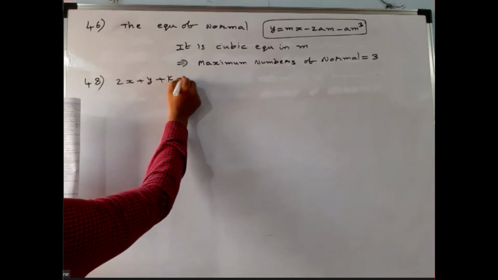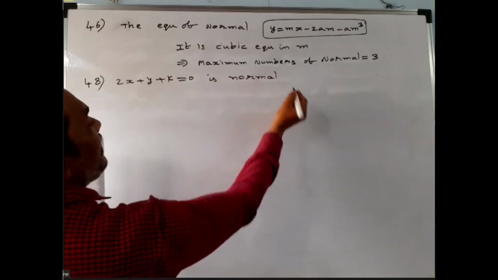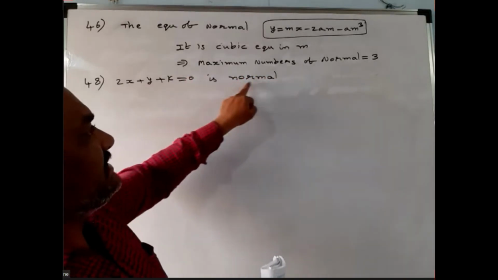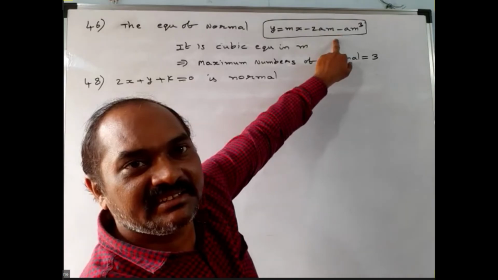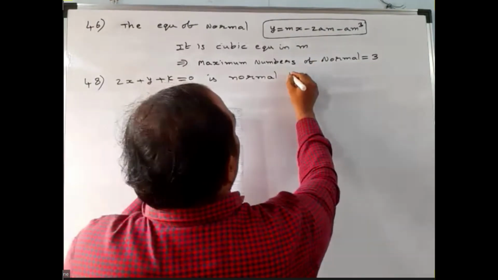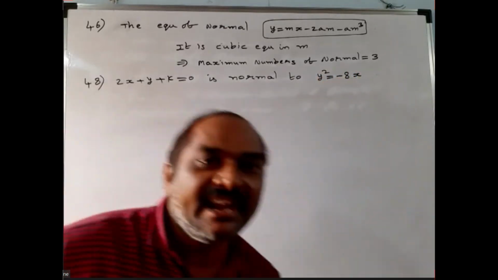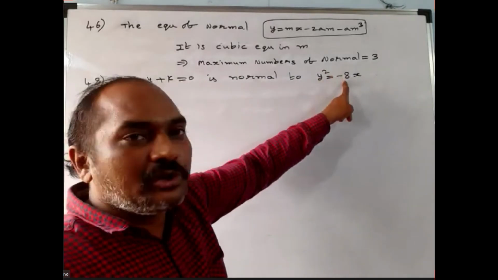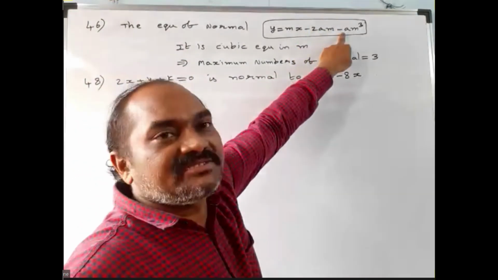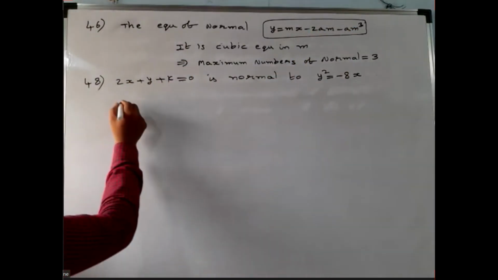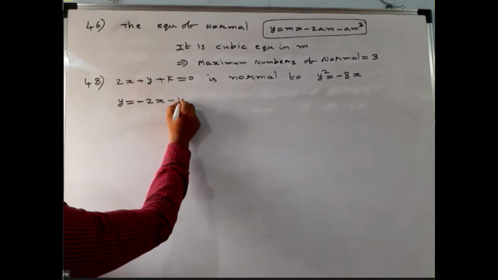2x plus y plus k is equal to 0 is a normal. Students, this line is normal, so compare this line with the normal equation. Normal to y square is equal to minus 8x. If y square is equal to plus 8x, this is the formula; for minus 8x, plus will come. So y is equal to minus 2x minus k.